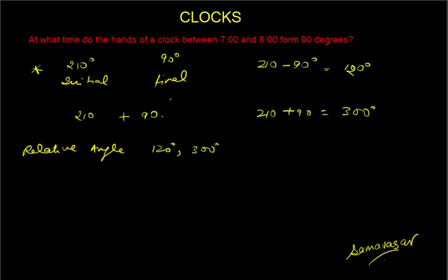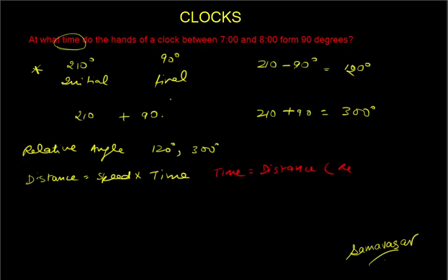Now as you know, the distance traveled is equal to speed into time. Here we are trying to calculate the time. Now time is equal to distance, which in this case is the relative angle, divided by the relative velocity.